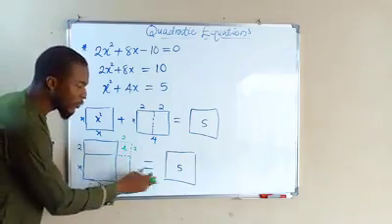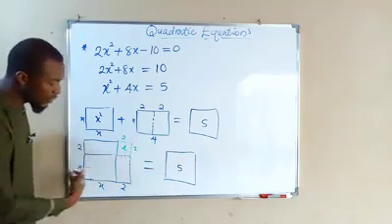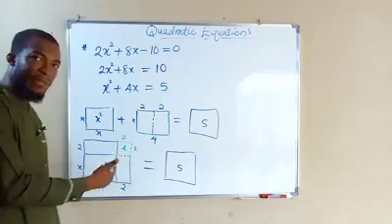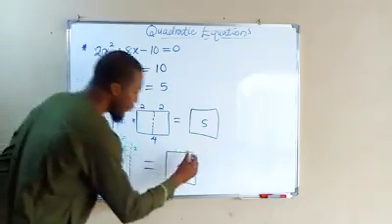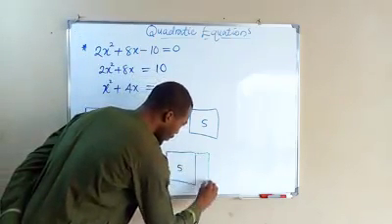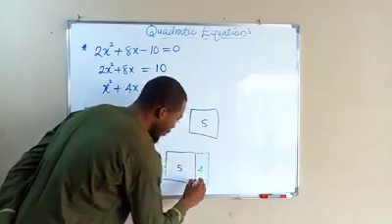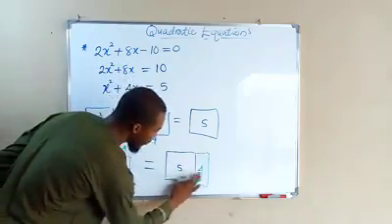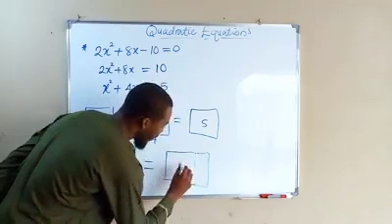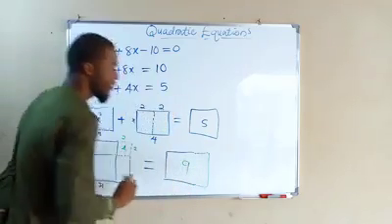The equality sign is telling us that what is on the right-hand side is equal to what is on the left-hand side. But on the left-hand side, we have added 4 units. To make the equation balance, we have to add 4 units here. If you connect the two together, we have 9 units.